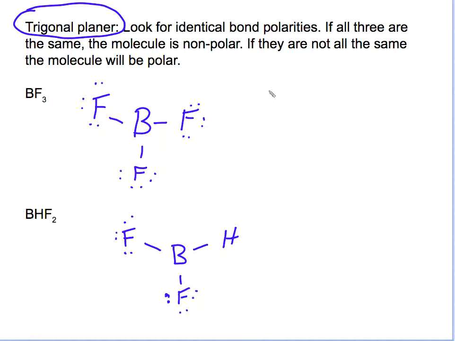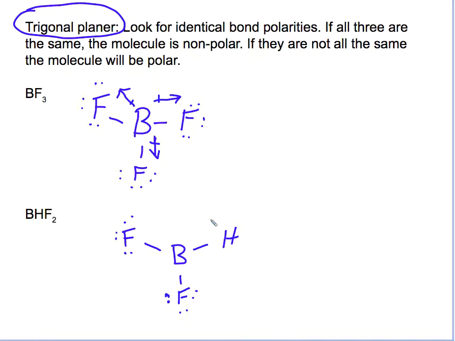All right, now, anyway, if you look at these 2 molecules here, this fluoride would pull this way, this fluoride would pull this way, and this fluoride would pull this way. If you added up all of these dipoles, they would all cancel each other out.